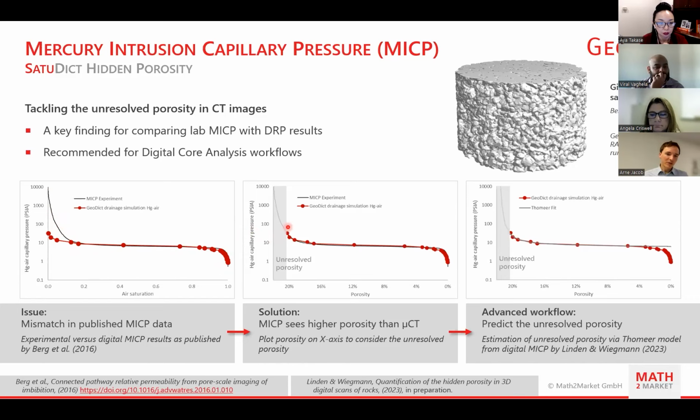And it is, of course, because the resolution for that sample was not good enough to represent all the features. In that case, the feature is porosity. Because if you have only partly resolved pore spaces available, you will always underestimate the total amount of porosity which is available in your structure.